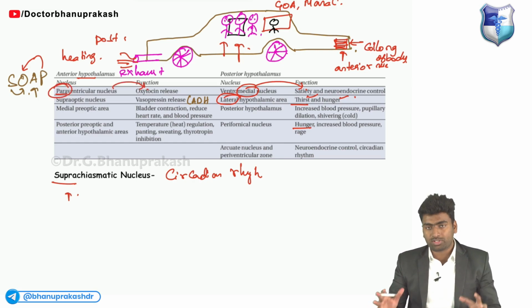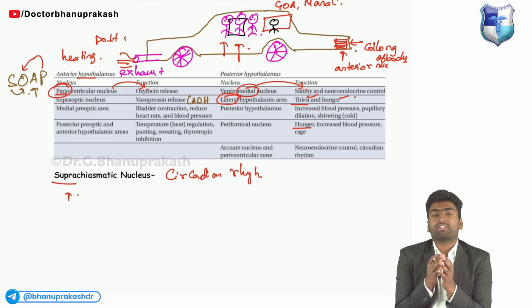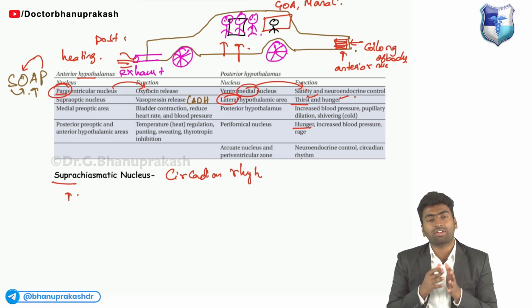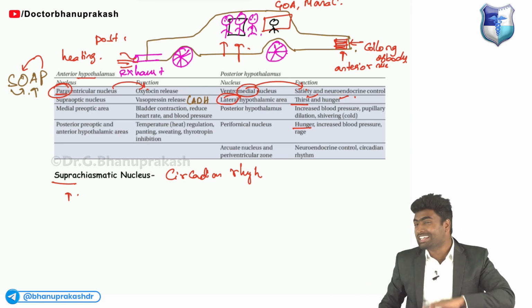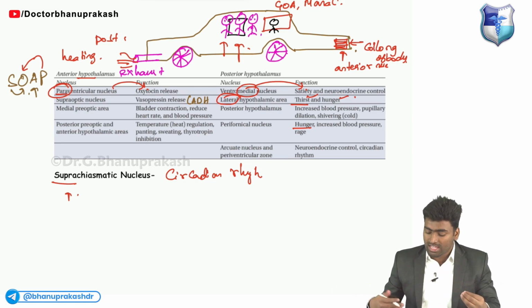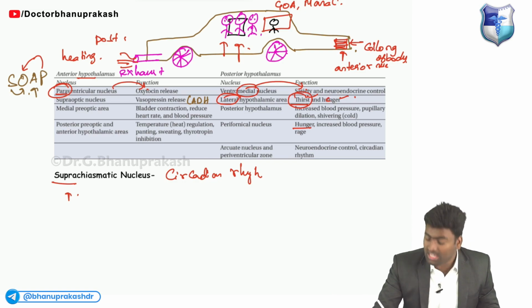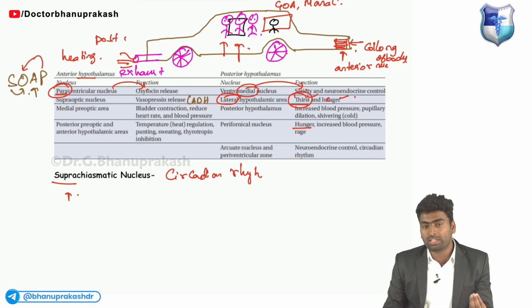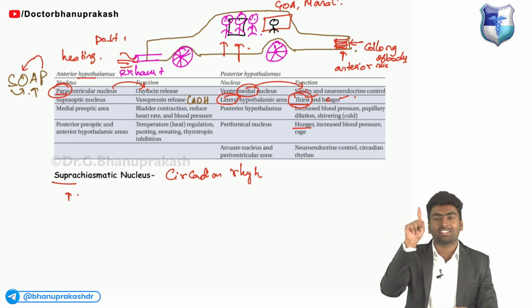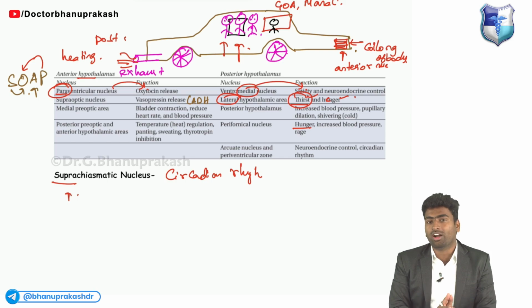So these are the mnemonics to remember. The medial one, who always has satiety, is the ventromedial nucleus, responsible for satiety. Whereas the lateral person who is eating and drinking a lot is the hunger center or thirst center, seen in the lateral hypothalamus. Anterior is responsible for cooling, whereas posterior is responsible for heating, and the suprachiasmatic nucleus is for your circadian rhythm.